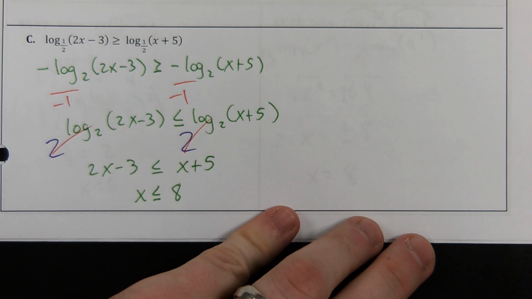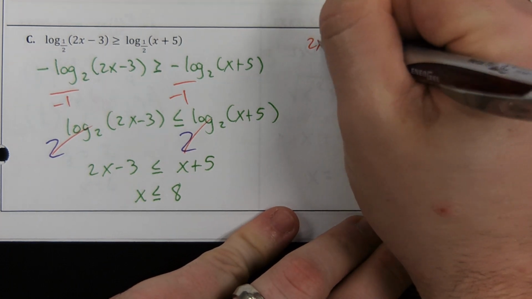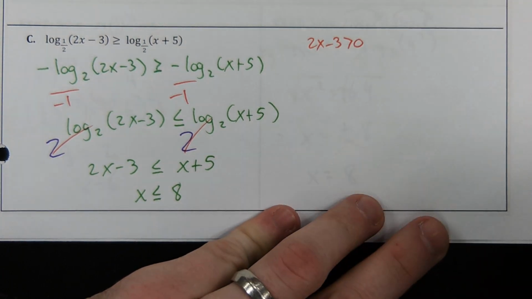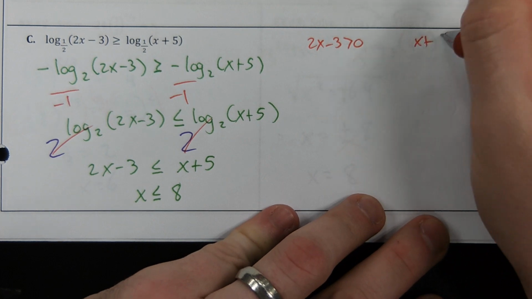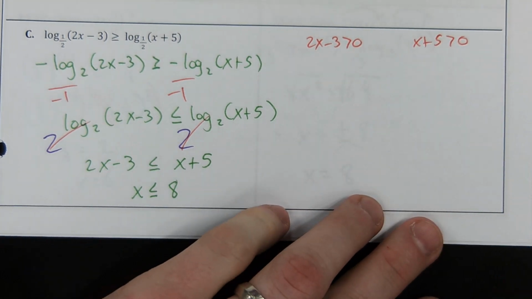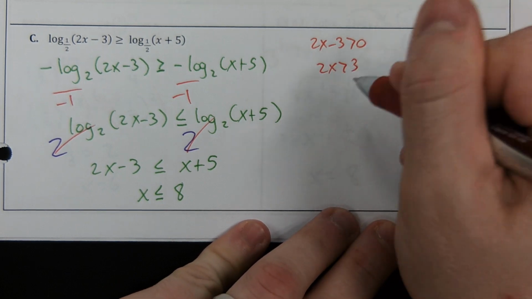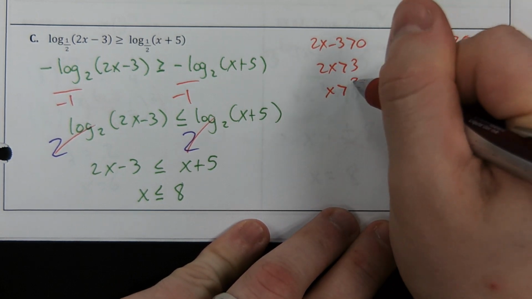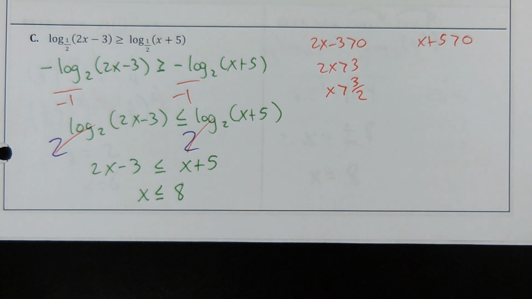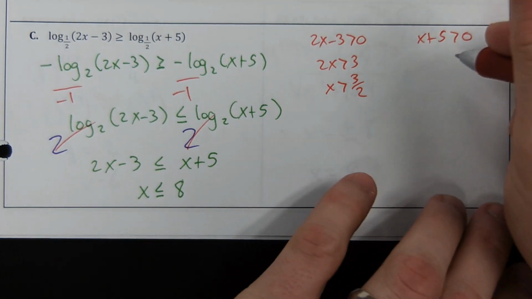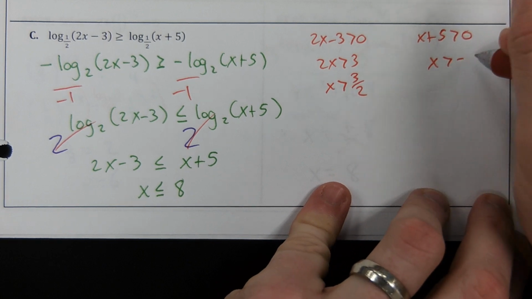We know that 2x minus 3 had better be positive, and we know that x plus 5 had better be positive. Add 3 and divide by 2: x had better be bigger than 1.5, 3 over 2. This one says subtract 5: x had better be greater than negative 5.